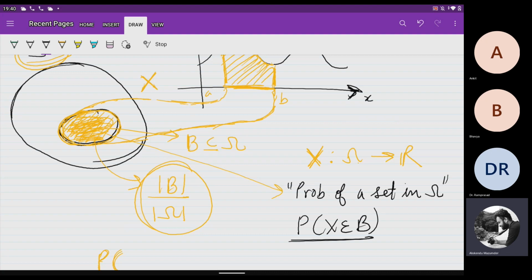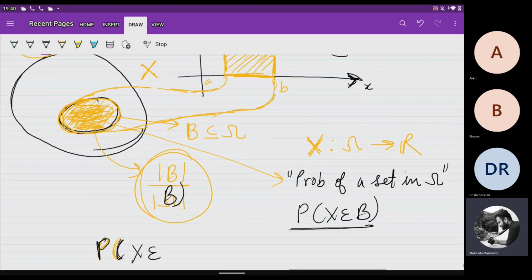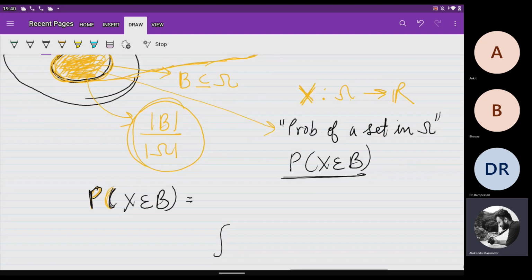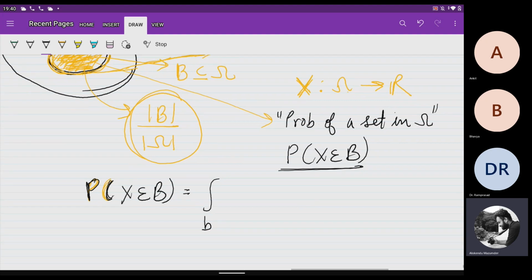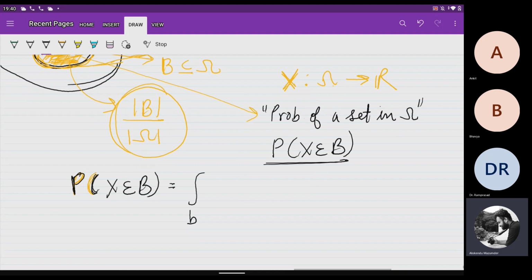So the probability that x belongs to the set B is equal to the integral from A to B of f_x(x) dx.